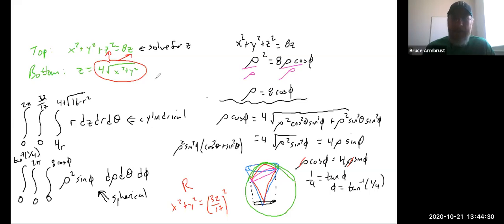Bam. That one got messy. All right, so let's start with here's what B looks like. We have x squared plus y squared between 9 and 25. x is greater than or equal to 0, y is greater than or equal to 0, and the z's are between 1 and 4.